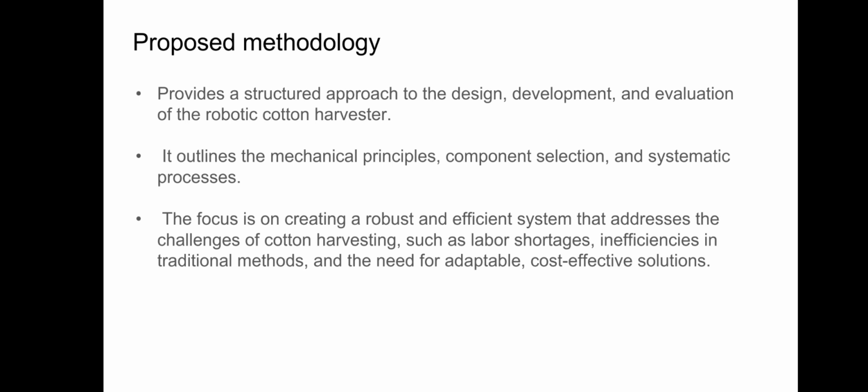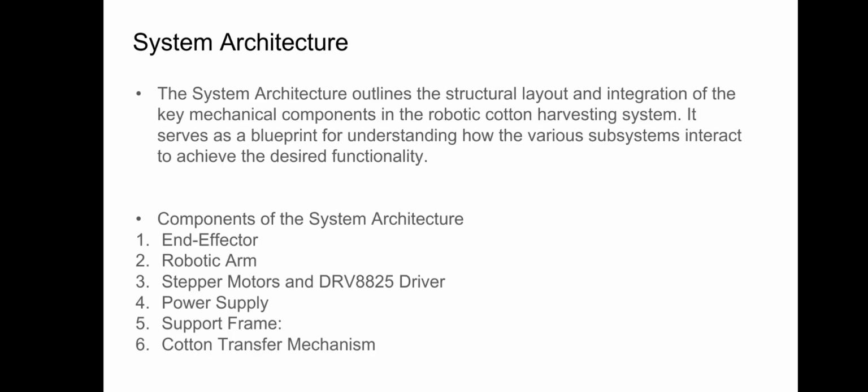It outlines the mechanical principles, component selection and a systematic process. This focuses on creating a robust and efficient system that addresses the challenges of cotton harvesting, such as labor shortages, inefficiencies in traditional methods, and the need for adaptable and cost effective solutions.